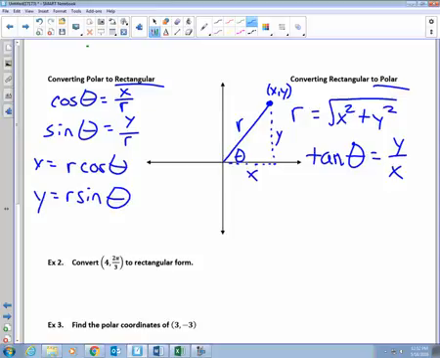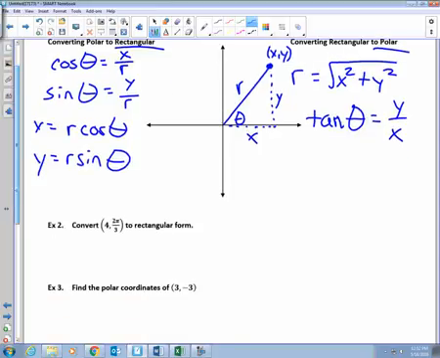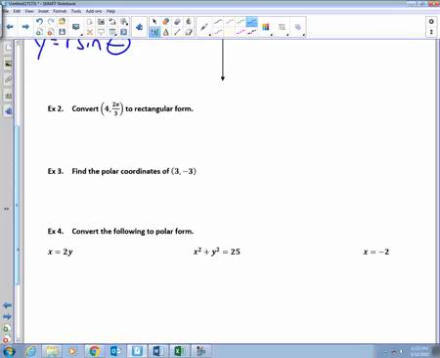So now we're going to do two problems that you're very familiar with from previous times. Convert 4, 2 pi over 3 to rectangular form. So I need to come up with X equals and Y equals. Well, X is equal to R, which is 4, times the cosine of 2 pi over 3. And Y is equal to 4 times the sine of 2 pi over 3.